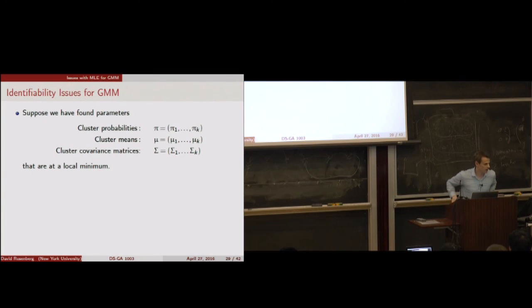So how about, suppose mu1, that's our first cluster center, is over here on this side of the page. And mu2 is over here on this side of the page. Okay. What if I switch mu1 and mu2? Would anything change in the likelihood? No, right?